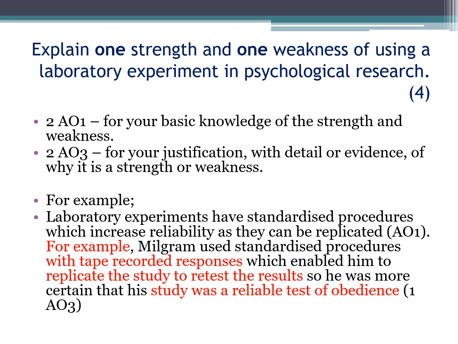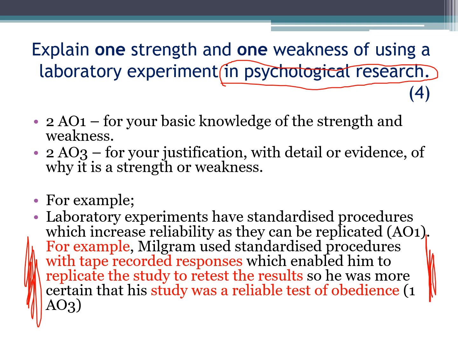Your AO3 is to justify how we know that this is a strength. So where has somebody used it? And if you look at the question, it's this bit here. All right. How and where has somebody used this in psychological research? All right.